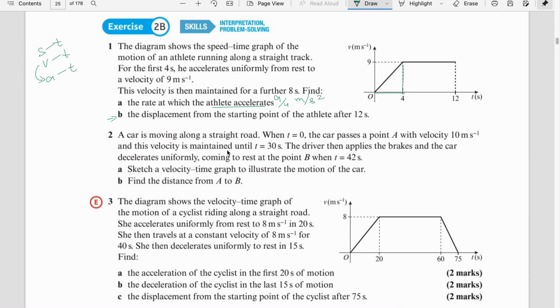The displacement from the starting point of the athlete after 12 seconds. Displacement, so that's an area. 1 by 2, sum of parallel sides, this is 8, plus 12, times height, that is 9. 8 and 12 is 20 by 2, 10 into 9 is 90 meters.